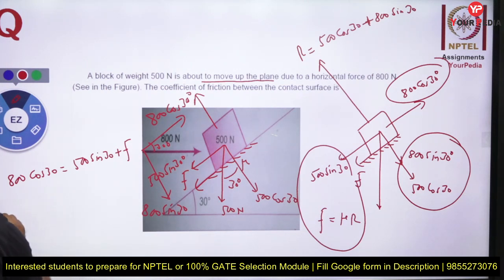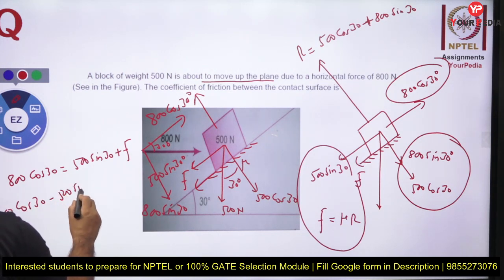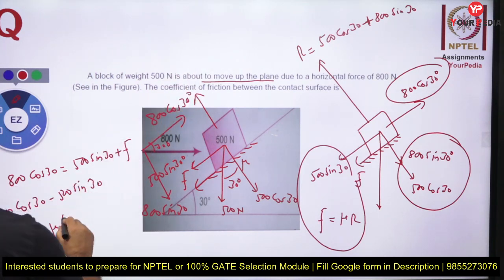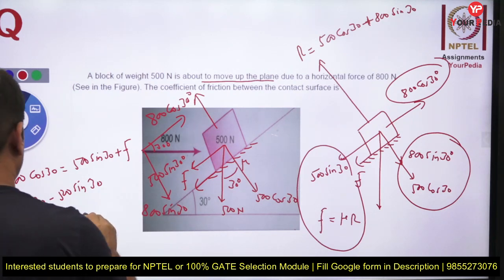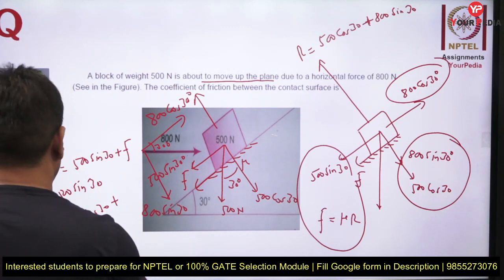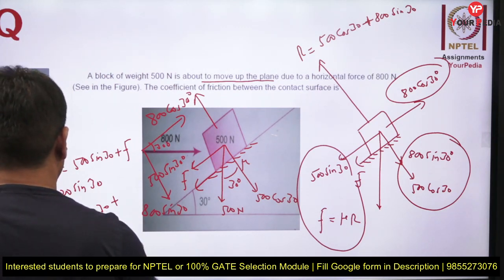If I further solve it, 800 cos 30 minus 500 sin 30 is equal to mu into normal reaction. Normal reaction is 500 cos 30 plus 800 sin 30.